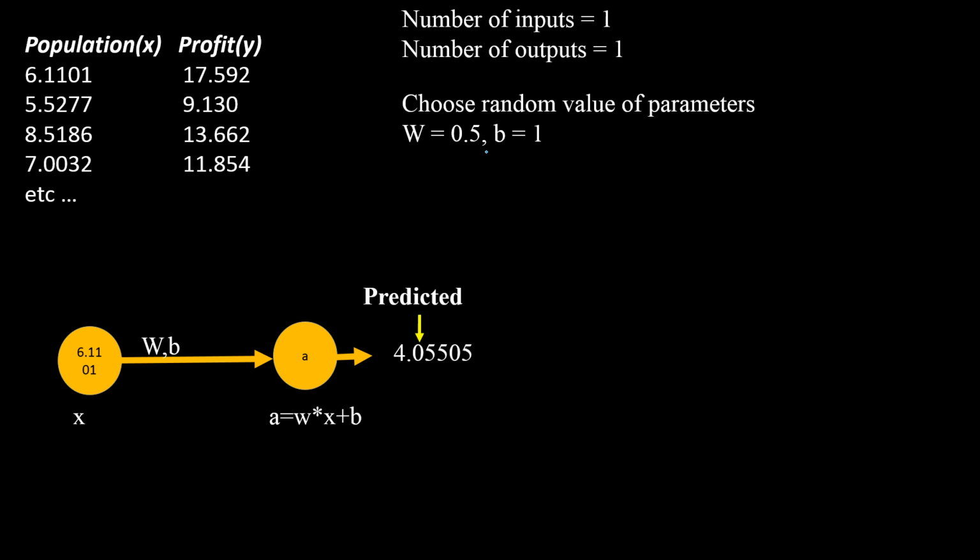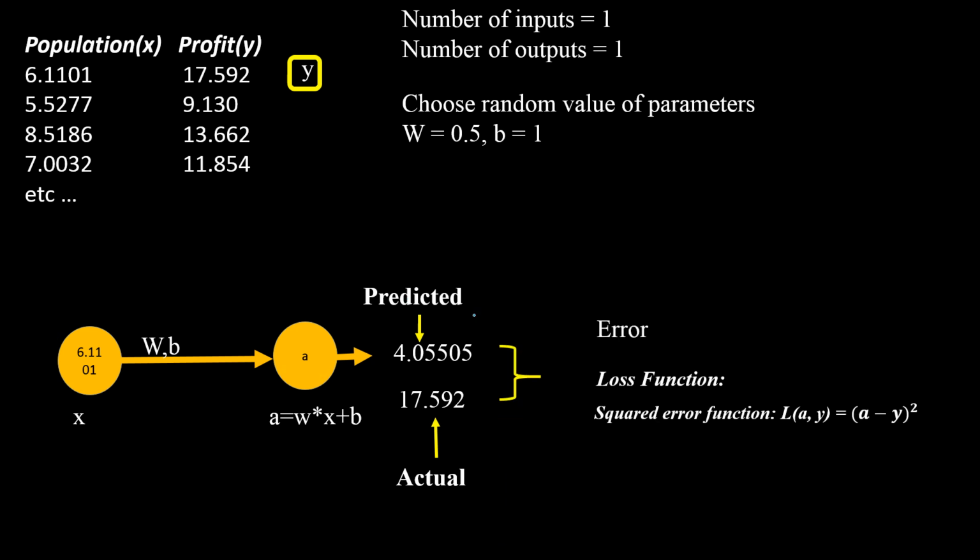Based on these initial parameters we predict a value for every data point, then compare it with the actual value from the given y, compute the error between the predicted and actual value through the squared error function, and do it for all the examples to compute the overall error function called the cost function.